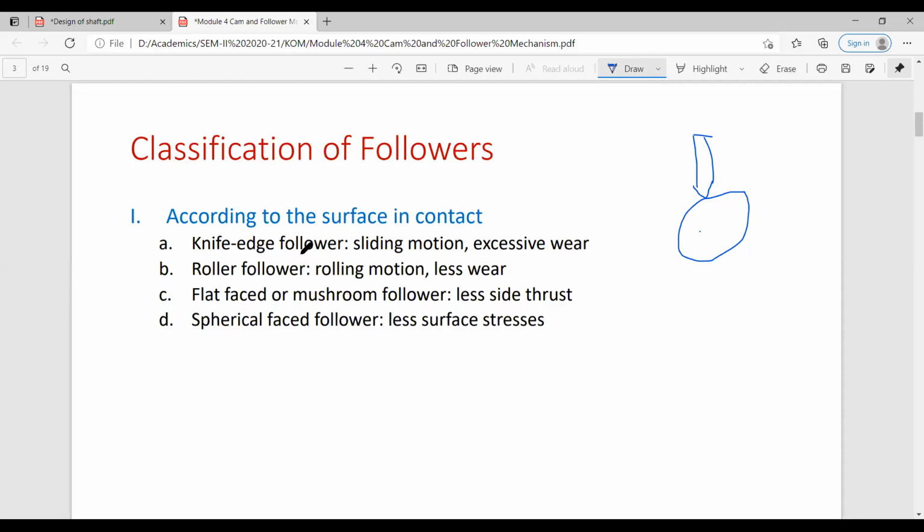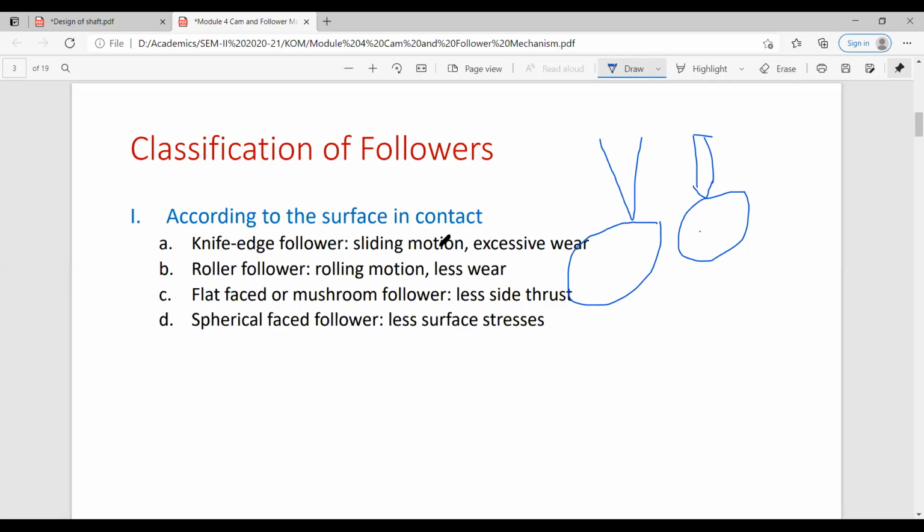When these two have contact with each other, if this surface is in the shape of a knife edge, like this, and it is touching the surface of the cam, then it is called a knife edge follower.